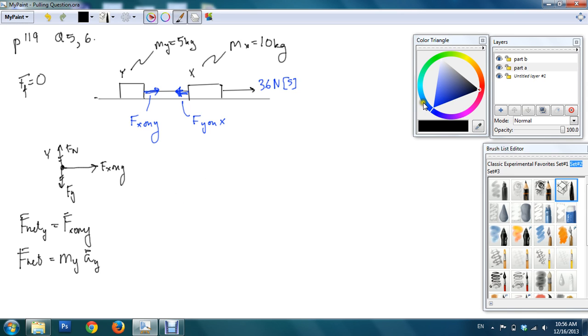Now, key thing before we move on: we're going to do this for block X and get a similar equation. But you have to realize that as these two are being pulled by this force, neither one is accelerating faster than the other.